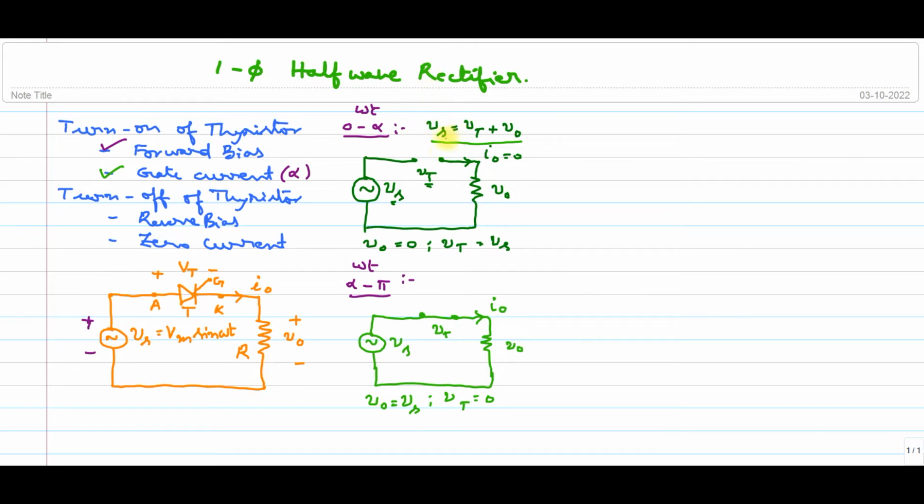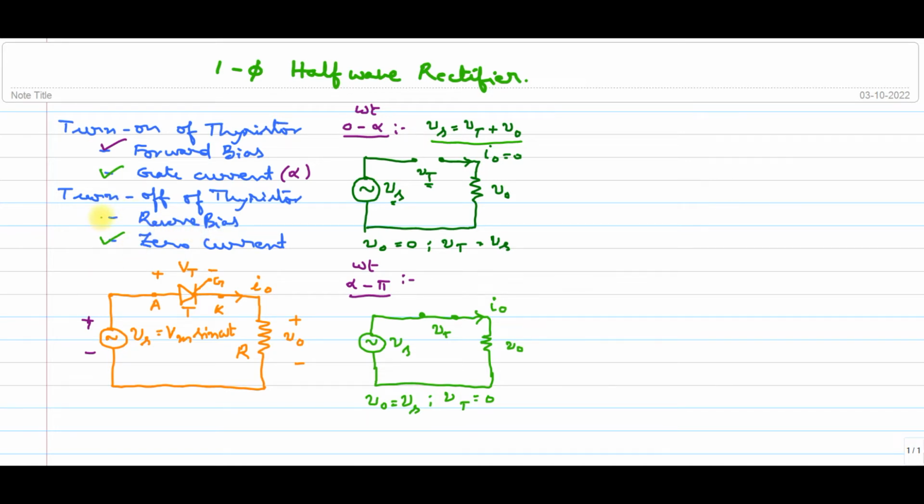The thyristor won't conduct in the negative half cycle. Let me explain. At omega t equal to pi, at the edge of positive half cycle, at the starting of negative half cycle, the thyristor will get 0 current and reverse bias.